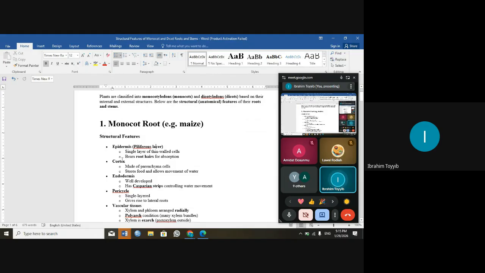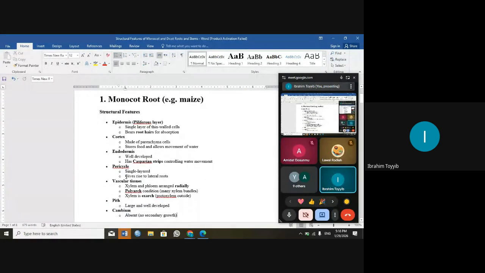Another structure in the monocot root is the cortex. It is made of parenchymal cells, and its function is to store food and water. In the inner part of the monocot root, we have the endodermis. The endodermis has Casparian strips for controlling water movement. We also have the pericycle, which gives rise to lateral roots.